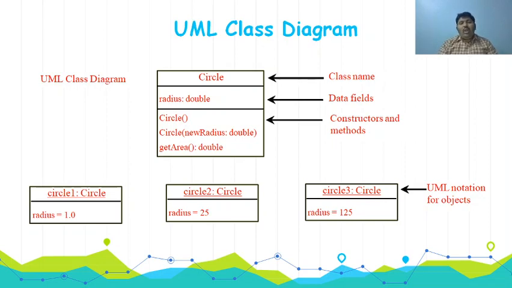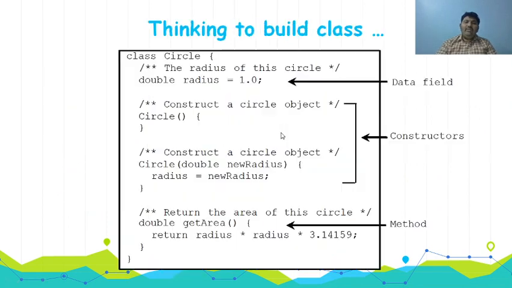There is a subject called UML, Unified Modeling Language. We use this Unified Modeling Language for representing your classes. For example, if your class name is Circle, we use a rectangle. Inside the rectangle, the first portion is given for the class name, the second portion for your data fields, and the third portion for your constructors and methods. So in the previous slide we had this particular class.